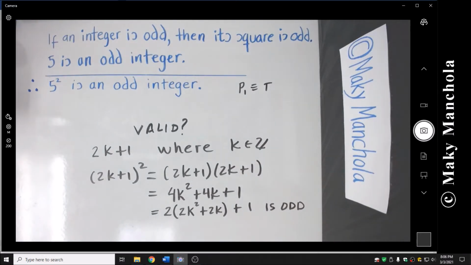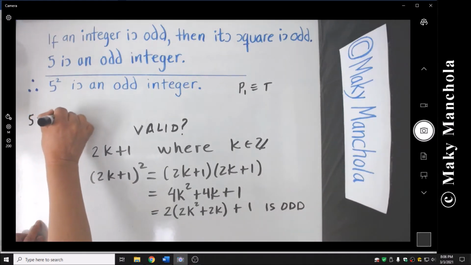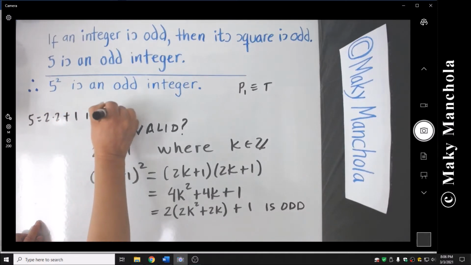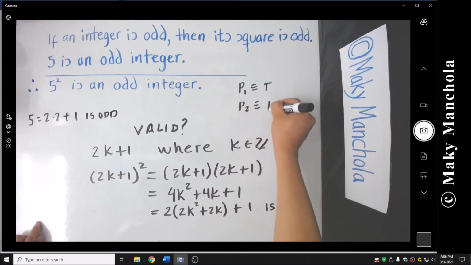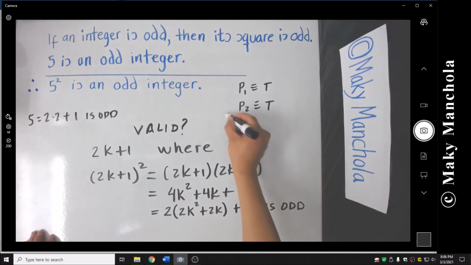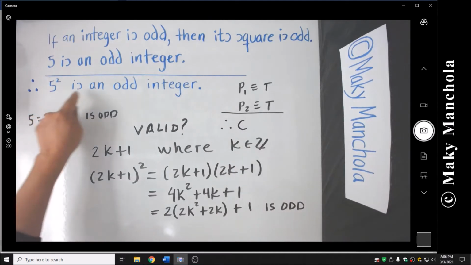Our second premise is also true, because 5 is actually 2 times 2 plus 1, which is odd. That means our second premise is also true. So what about the conclusion? 5 squared is an odd integer.